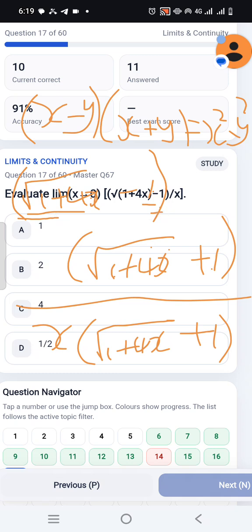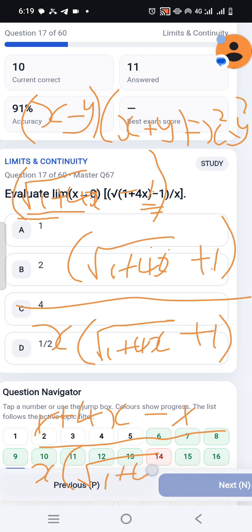So what is here squared? That is the square root of 1 plus 4x. The square root will cancel the square. That will remain 1 plus 4x. Then minus what is here squared? That is 1 squared, that is 1. So this will cancel this for the numerator. And in the denominator, we still have x into bracket the square root of 1 plus 4x, then plus 1 outside. So since the 1s have cancelled themselves, the x's can cancel themselves.